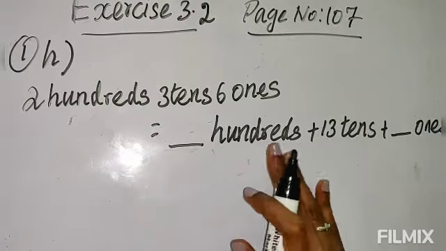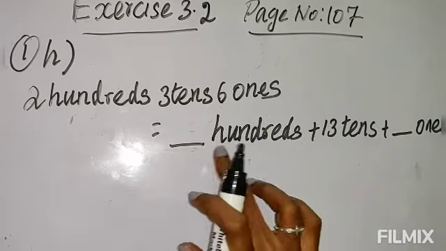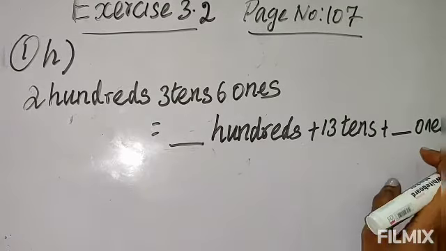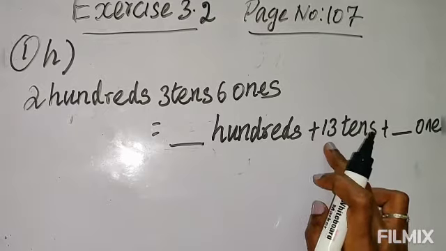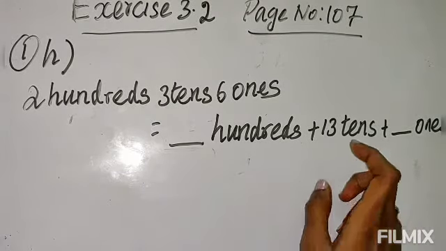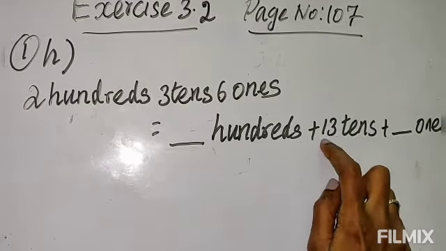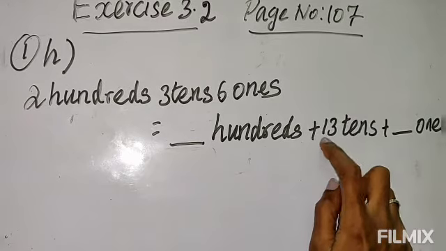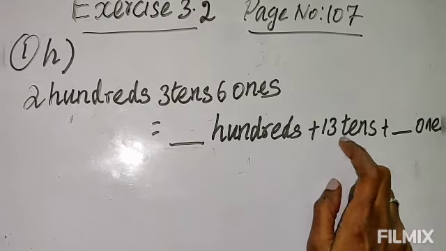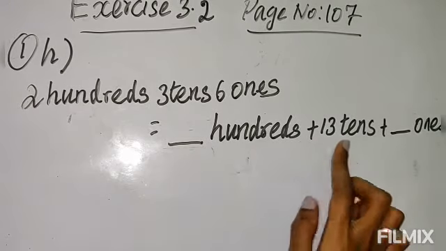First you look at the left side and the right side, what is given. Here hundreds is not given and the ones also is not given, only the tens is given. How many tens are there? 13 tens. Always you must see, if a double digit is there, 13, 1 and 3, 2 digits, it means one number has been borrowed from the left side.